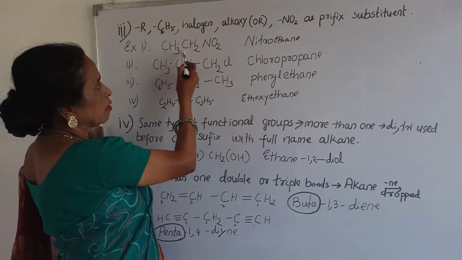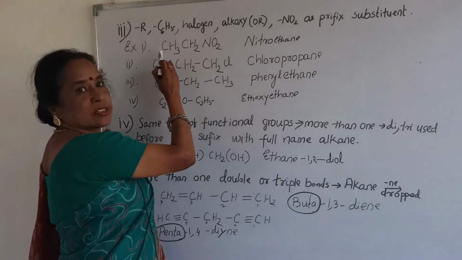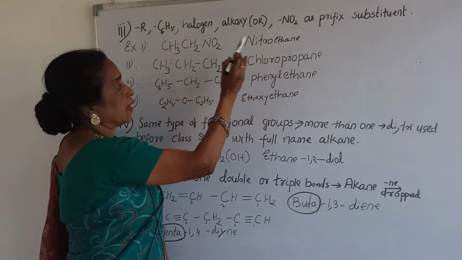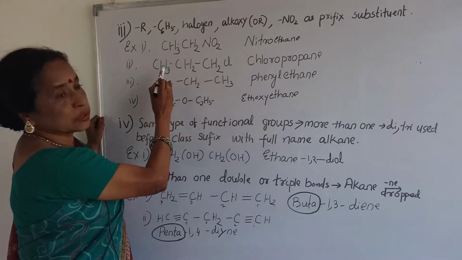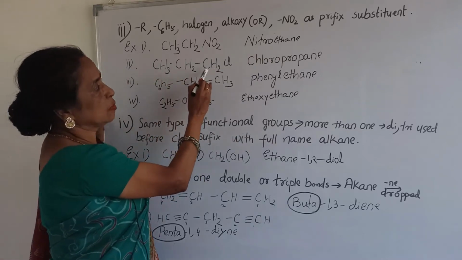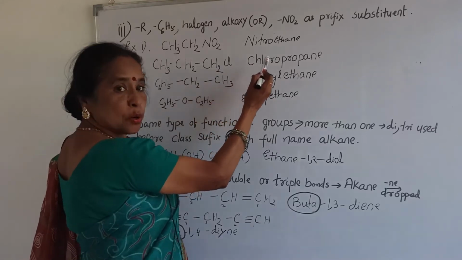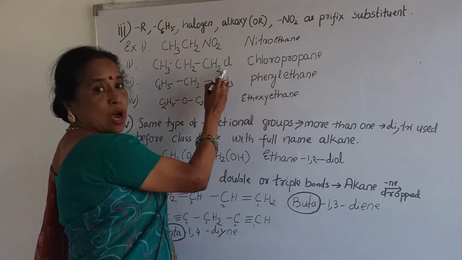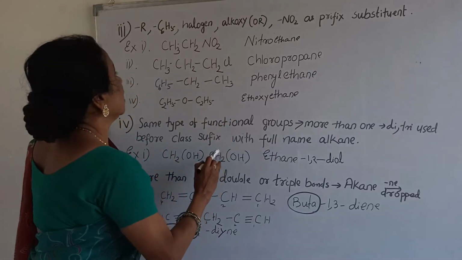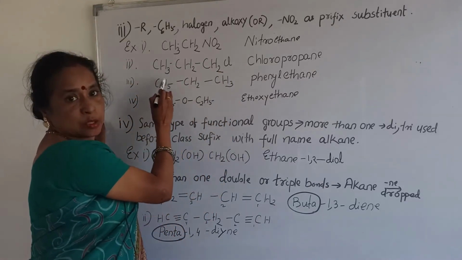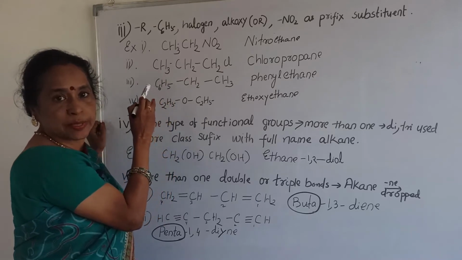Now start with one example here. Since it contains 2 carbons, it is known as nitroethane. And here there are 3 carbons, and in position 1 chlorine is attached. We can write chloropropane, or we can write 1-chloropropane. Then come to the next example. Here the C6H5 group is known as the phenyl group.